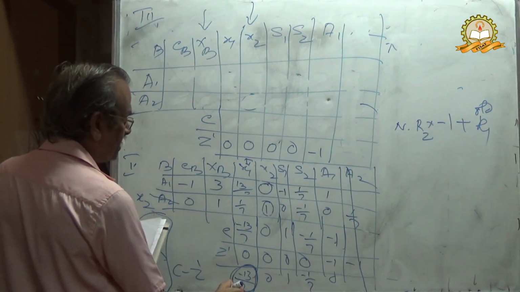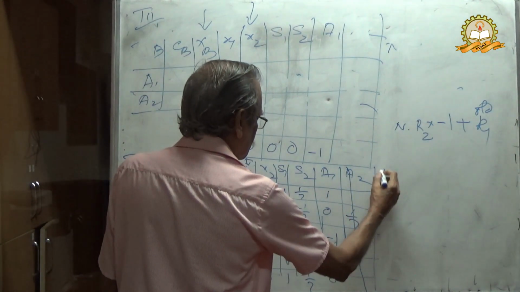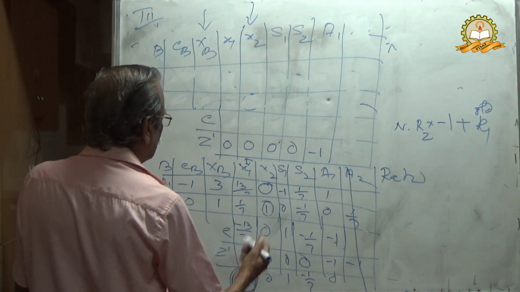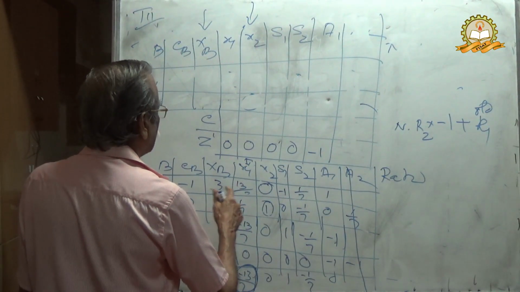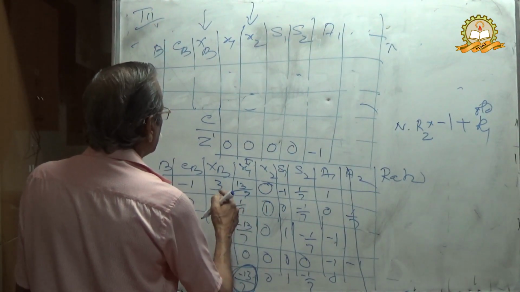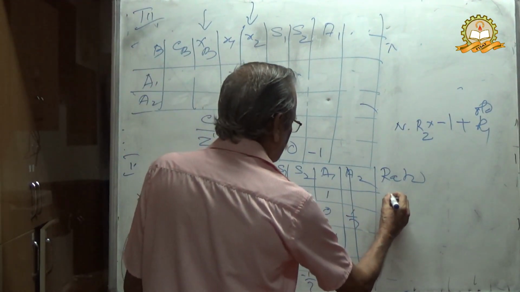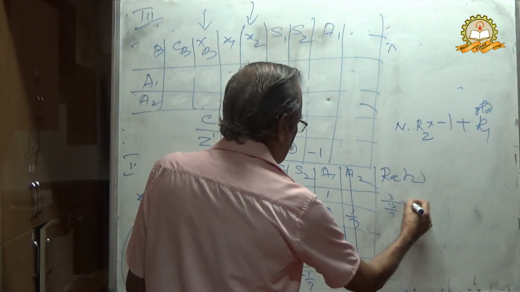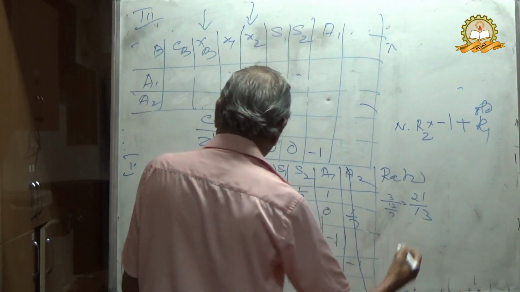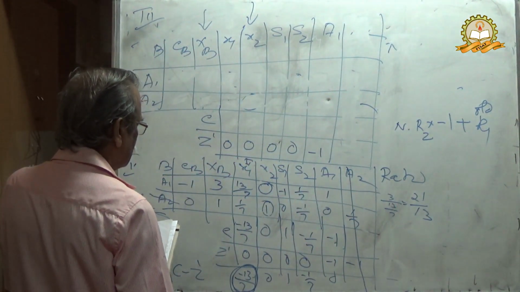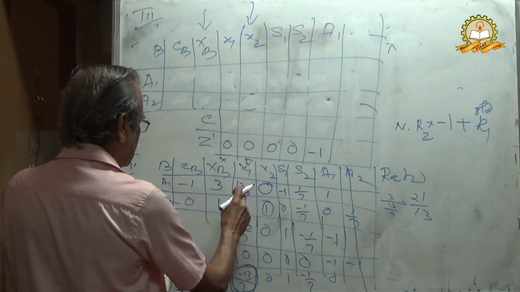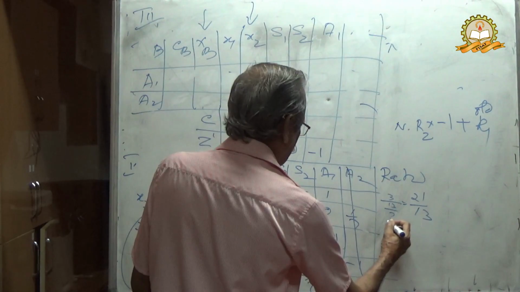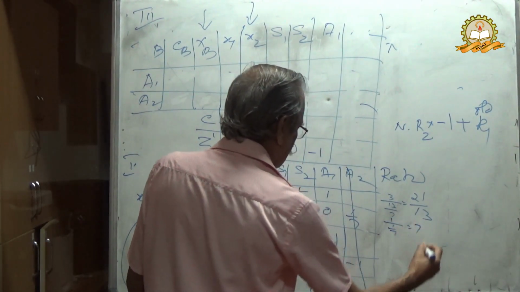After finding the pivot column, you go for the ratio. Ratio will be 3 by 13 by 7, equal to 21 by 13, and 1 divided by 1 by 7 equal to 7.